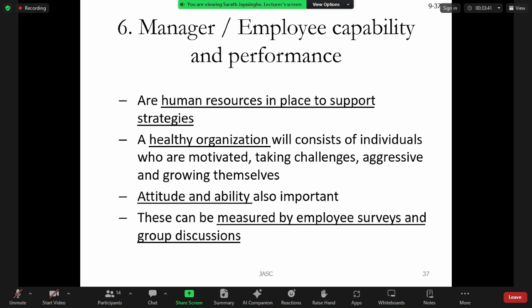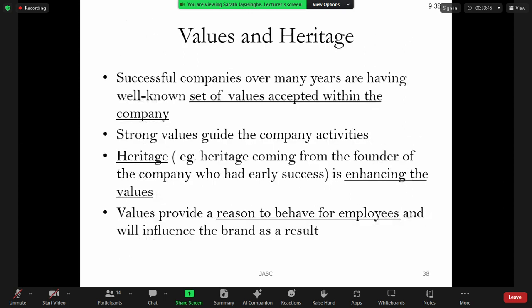So therefore, we have to think about that HR aspect too. Then value and heritage. Successful companies over many years have a well-known set of values accepted within the company. Right? So normally, when you learn strategic market management, you have learned values and heritages.